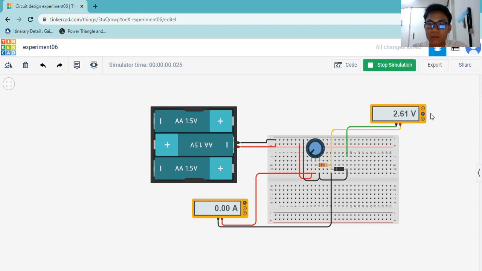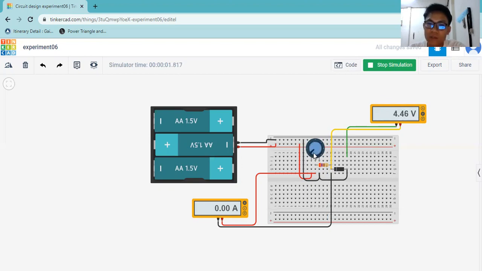Here the voltage is 0, while here the current is 0, while the voltage is 4.5 voltage. When we turn this potentiometer, we can see that the current remains constant, but the voltage is changing according to the potentiometer.